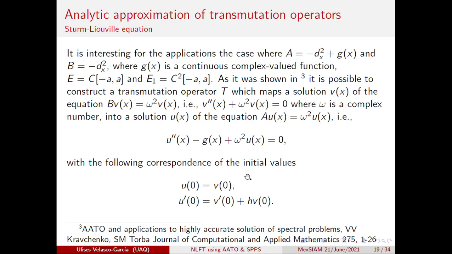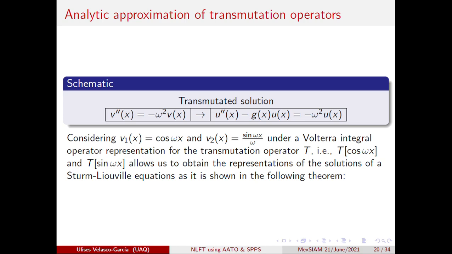With the following correspondence of the initial values, which are u of 0 equals 0, and this initial value, where h is in general a complex constant, not very important. So the transmutated solution brings a solution of this simple equation to a Sturm-Liouville equation, where we have the u I was talking about.